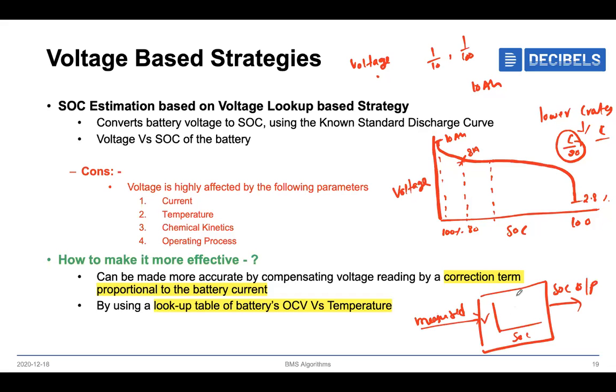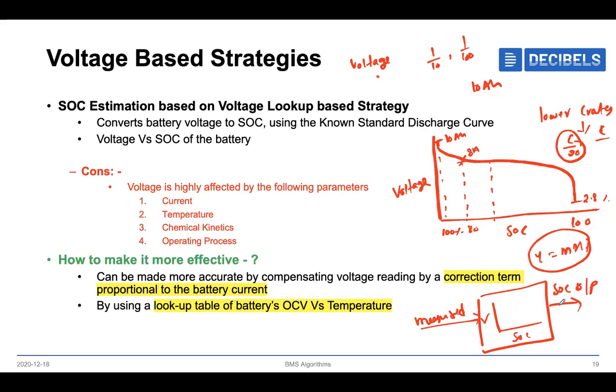This is something like y equals mx plus c. We can't say it's a linear equation, but we have to use a curve fitting tool to get this equation, and then we'll get the SOC.